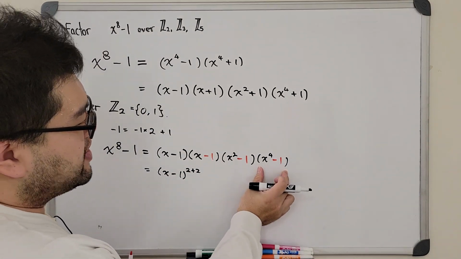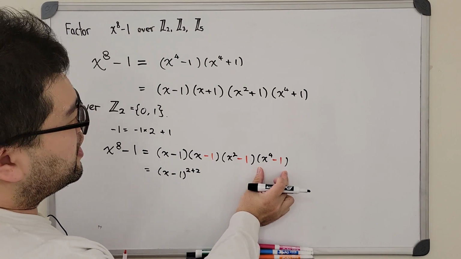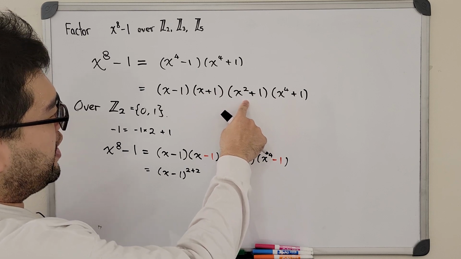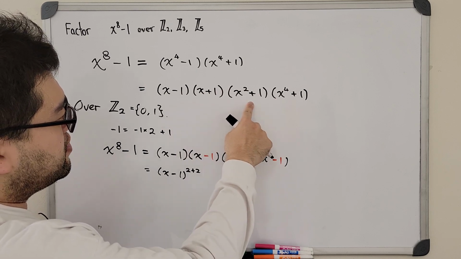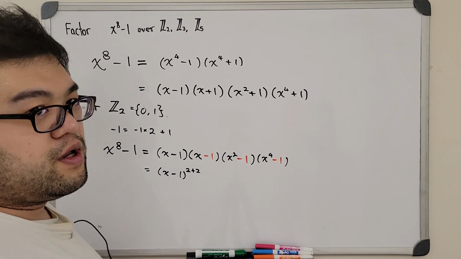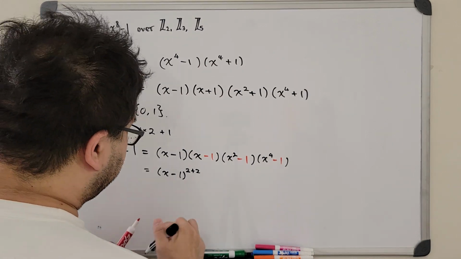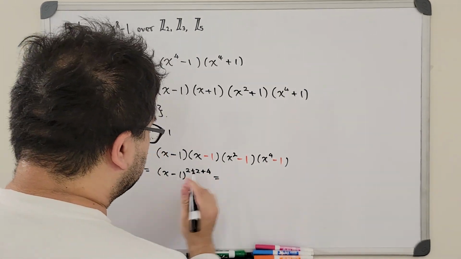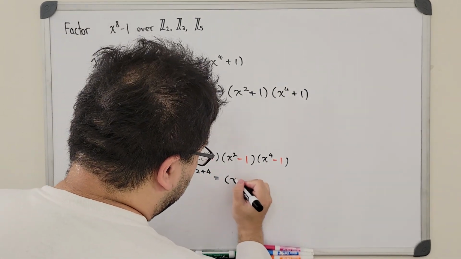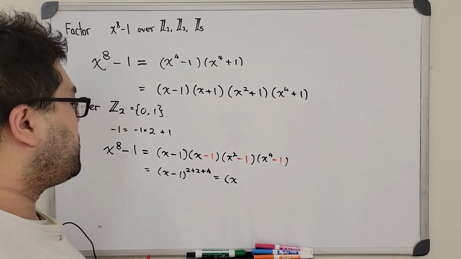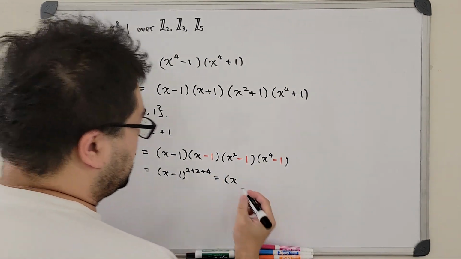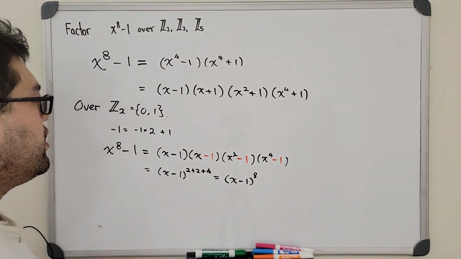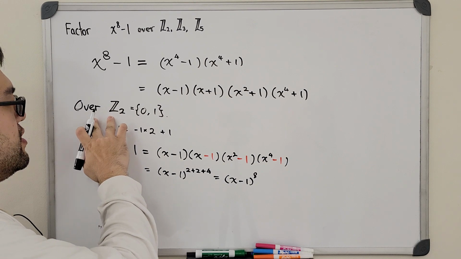Last but not least, x to the 4th power minus 1 can again be factored, and this reduces to x minus 1 to the 4th power. Therefore, combining all of them, x to the 8th power minus 1 is equal to x minus 1 to the 8th power over the field Z2.